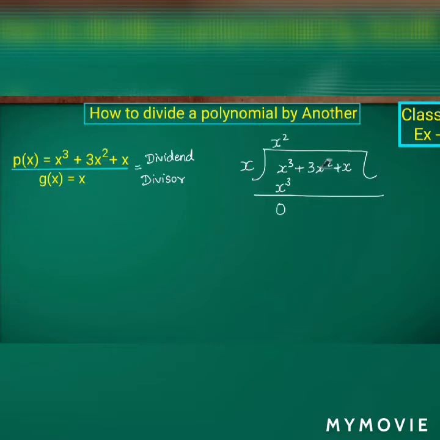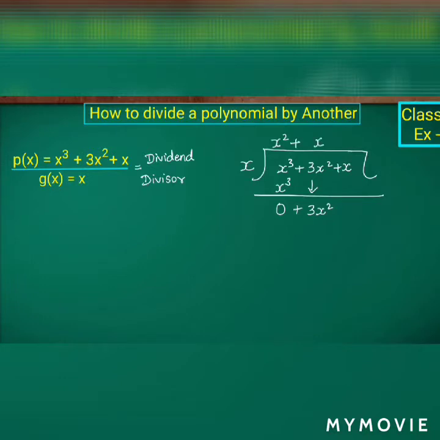Now I'll take the next term, that is plus 3x square, isn't it? Already x is there in the divisor, plus x we are having. To get 3x square, what do I have to multiply? That is plus 3x, isn't it? Plus 3x into x will give plus 3x square.